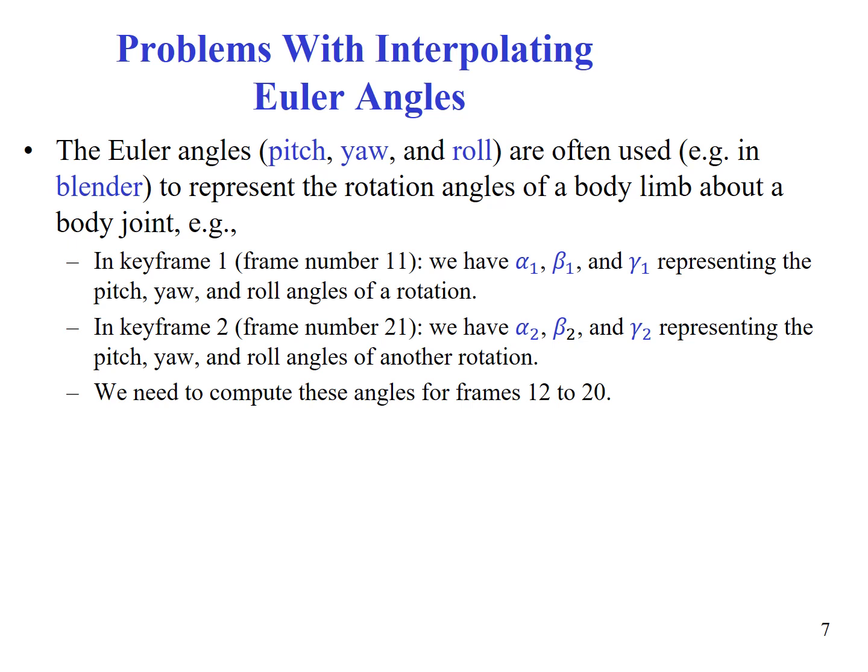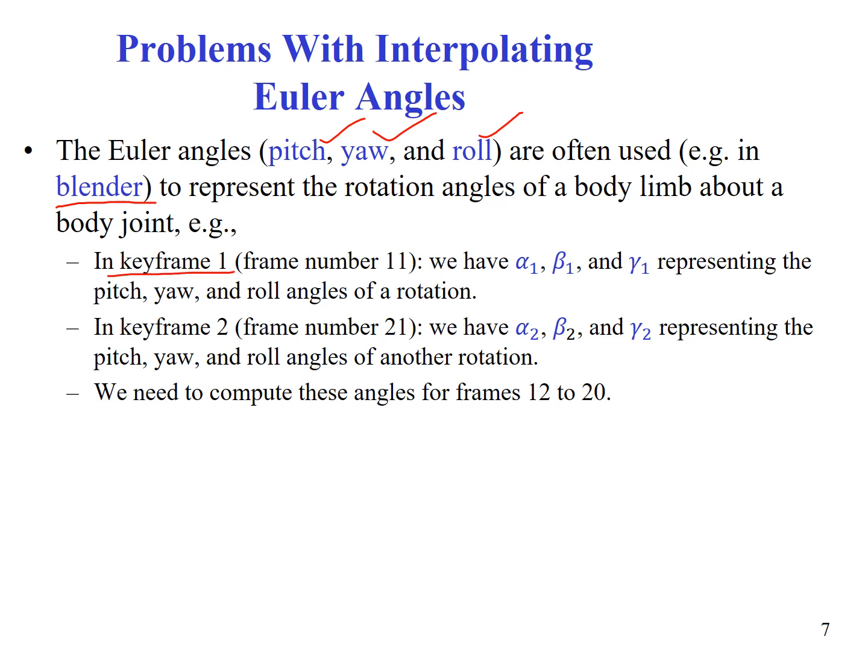Now there are problems with interpolating Euler angles. So far we have studied that rotations can be performed as combinations of Euler angle rotations which define pitch, yaw, and roll. These are also the rotations that are commonly used in Blender to represent complex rotation of bodies.